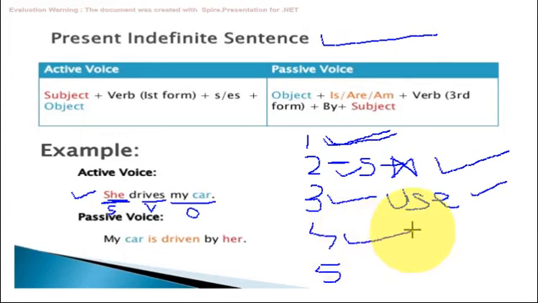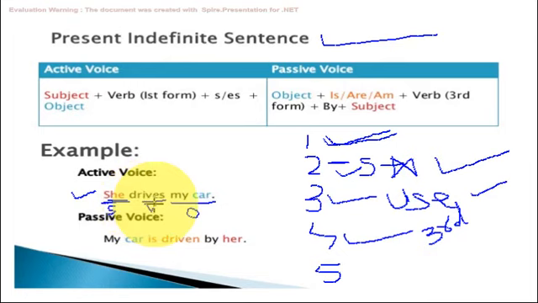Then, after interchanging words, you have to use the third form of the verb. Whatever verb is there, you have to use its third form. Now see here, you will see drives, and what it becomes: drives, drove, driven.